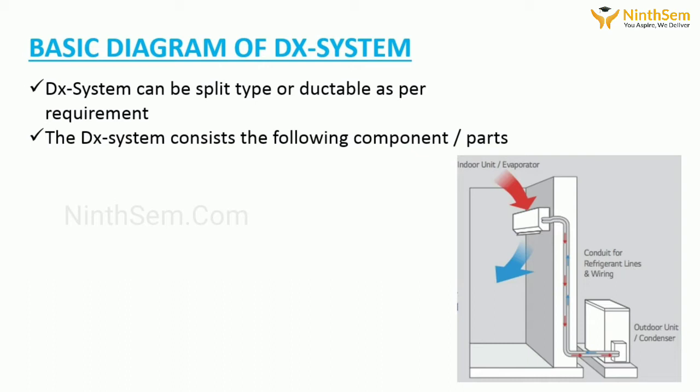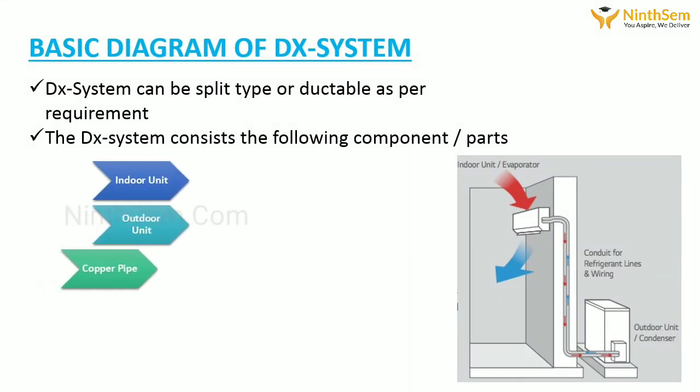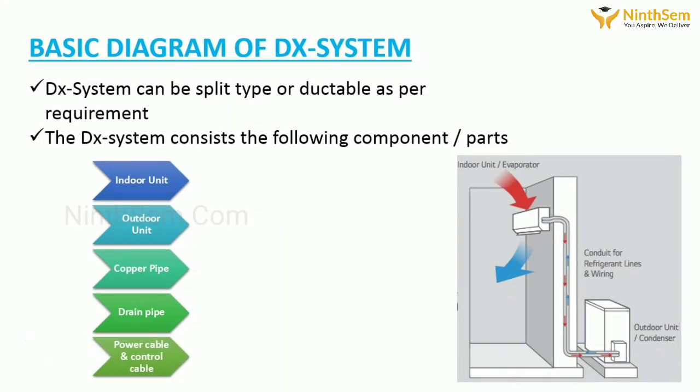The DX system consists of the following components or parts: indoor unit, outdoor unit, copper pipe connecting the indoor and outdoor unit, drain pipe for water drainage, and power cable and control cable.